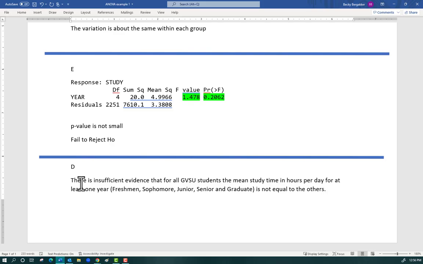So that is essentially what our alternative is, and we are discussing the different populations by stating all GVSU students and then which groups we have for that, and we're saying insufficient because we failed to reject.